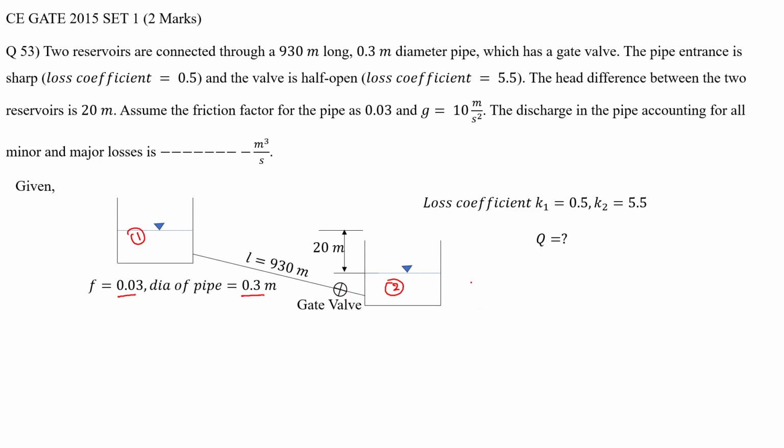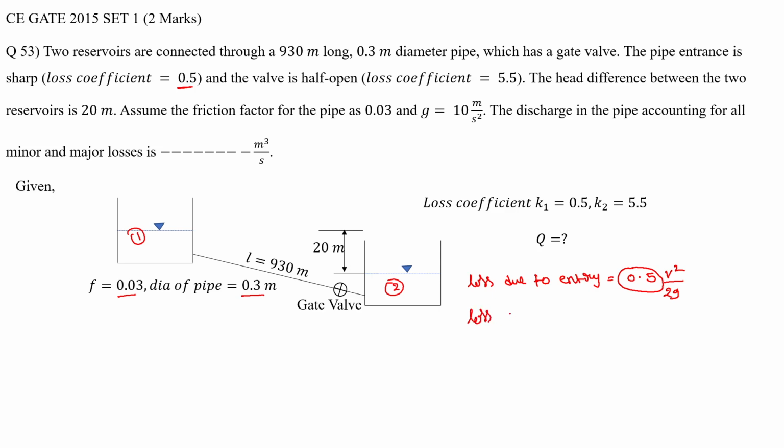Can you tell me the formula for loss due to entry? It is 0.5 V square by 2g. Additionally, in the question they have given the loss coefficient as 0.5 also.